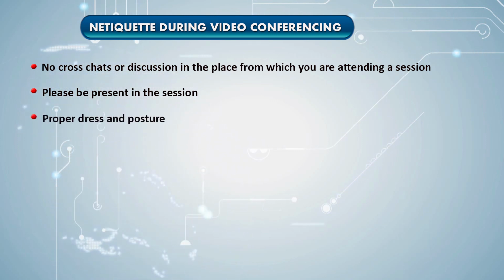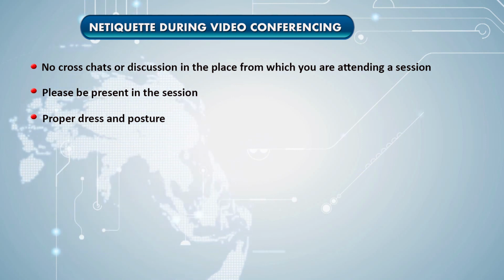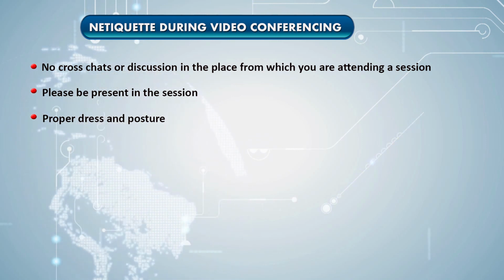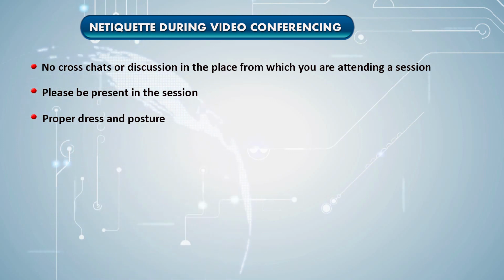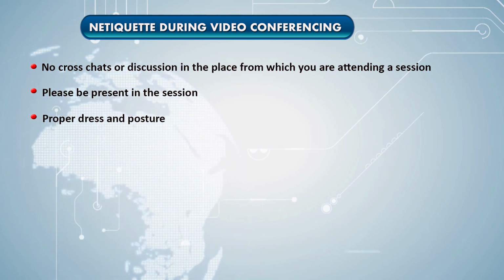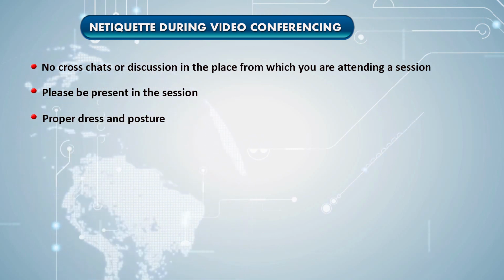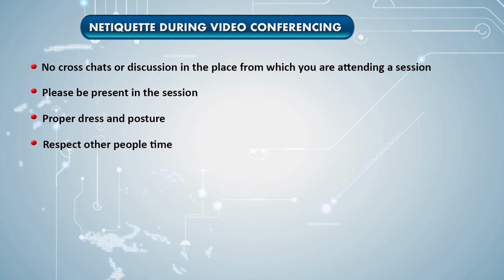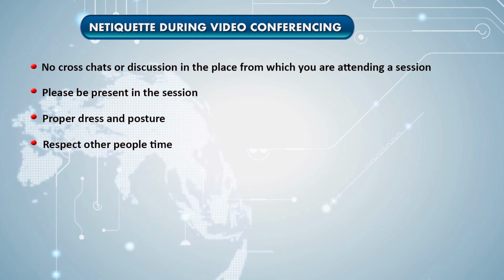Proper dress and posture. It's very important that we are properly dressed and have proper posture while dealing with online sessions. Many times you think that I am at home so I can have any dress or so. No, it's important. Everybody else is watching you. Then last but not the least, respect other people's time.